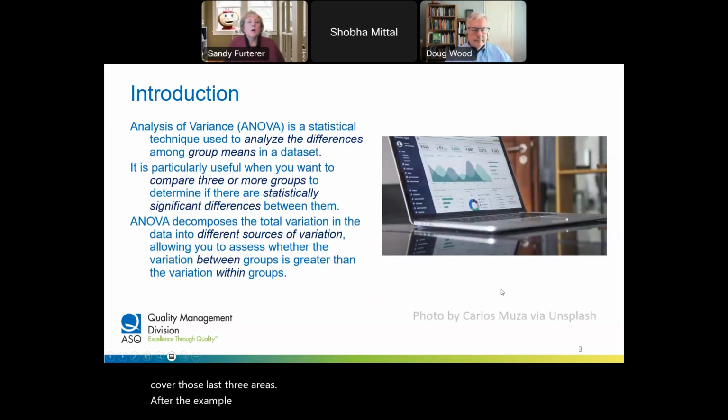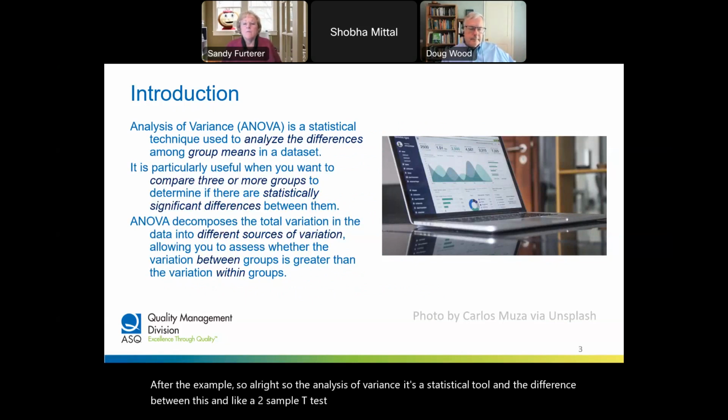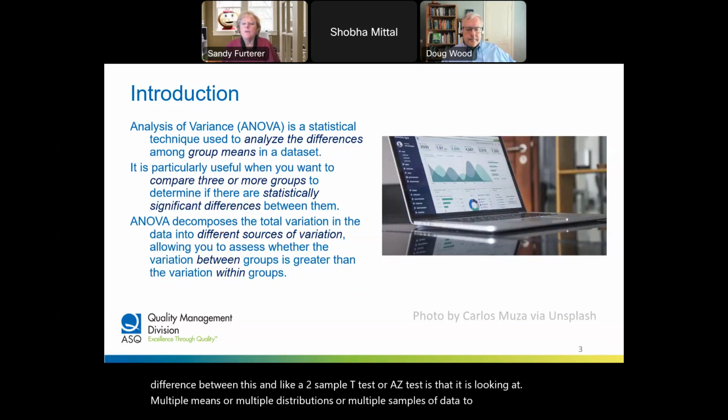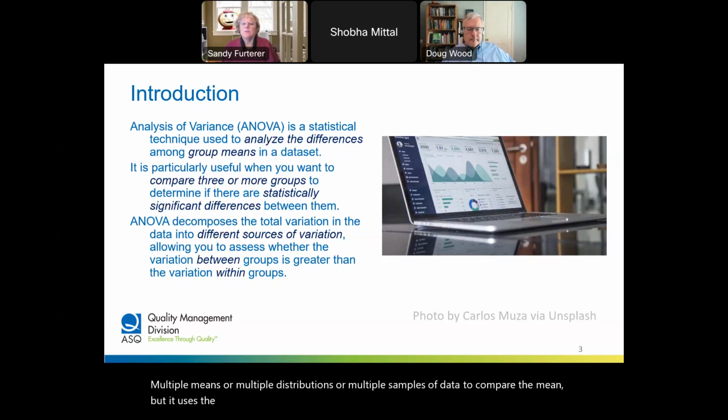So, all right. So the analysis of variance, it's a statistical tool. And the difference between this and like a two-sample t-test or a z-test is that it is looking at multiple means or multiple distributions or multiple samples of data to compare the mean, but it uses the variance to do that.